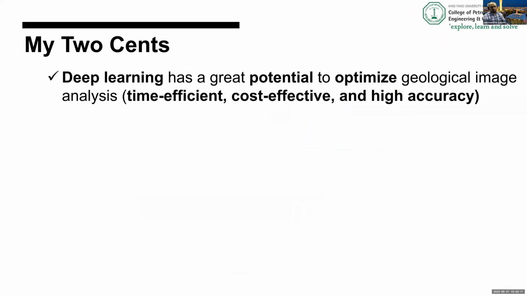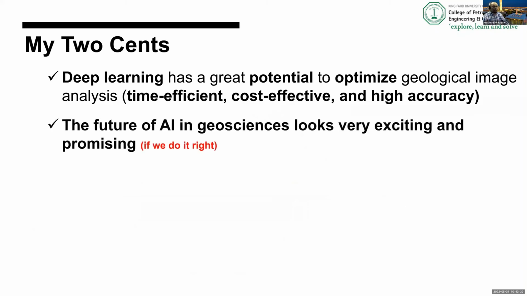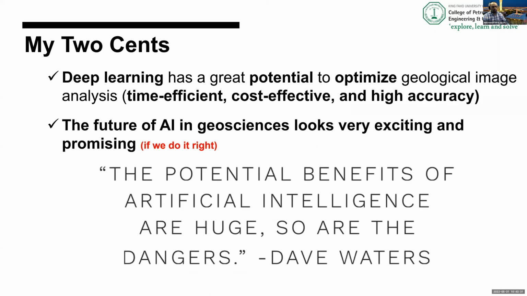Deep learning definitely has great potential to optimize geological image analysis in a time-efficient and cost-effective way, and can also provide high accuracy analysis. For me, the future of AI in geoscience looks very exciting and promising if we do it right. Again, we need to be very mindful of what we are doing, because the potential benefits of artificial intelligence are huge.